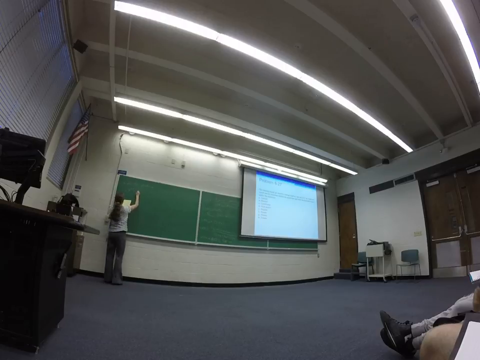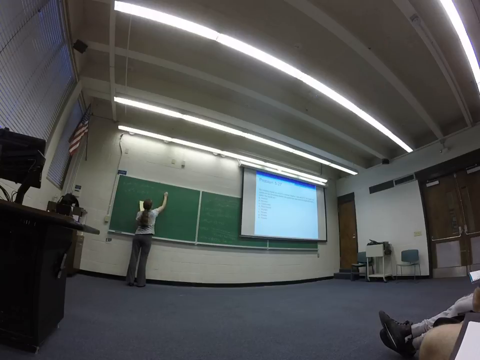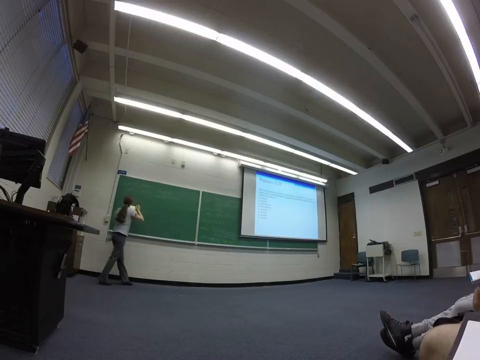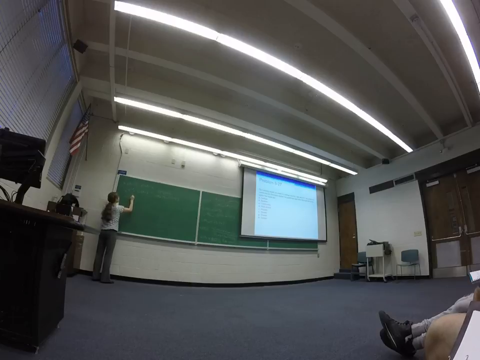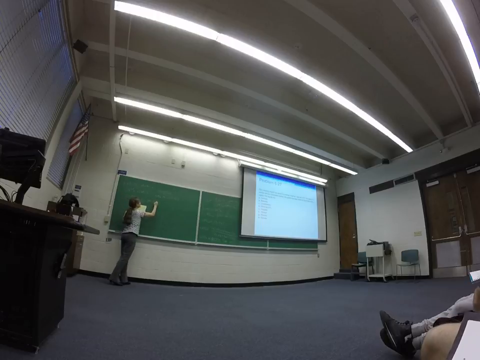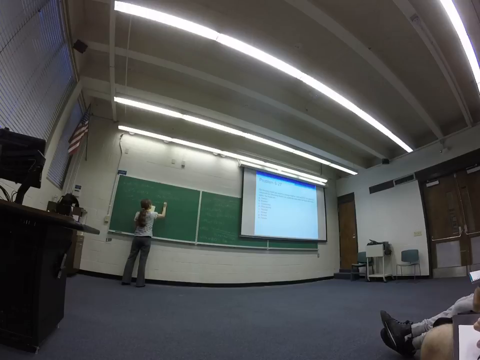Okay, so for acetone, it's 16.6513, 2940.46, 298.15 minus 35.93, and we get a saturation pressure of 229.89 millimeters of mercury.